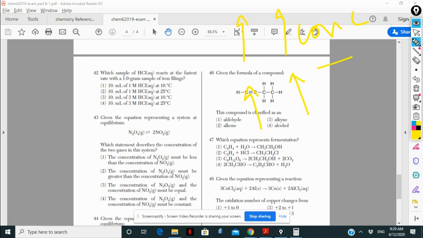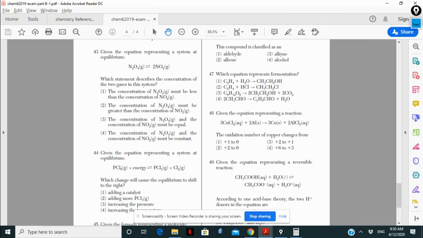Increasing the temperature also increases the speed. So 1 molar is crossed out because the highest concentration is 3 molar. Now, which one has the highest temperature is number 4. So the reaction should be the fastest with 10 milliliters of 3 molar hydrochloric acid.